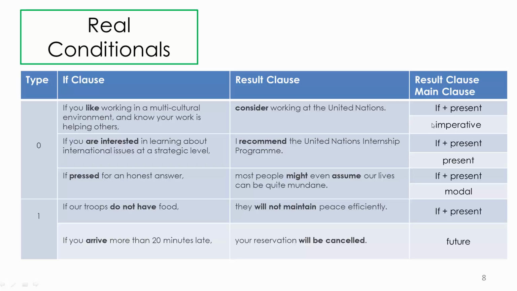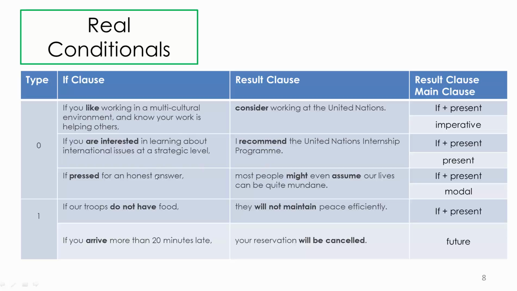So this type of conditional you use when you're giving commands or directions or instructions or something along the lines of this nature. Then you have the other type of 0 conditional where you're going to use if plus present again in the if clause, and then you're going to use the present tense in the result clause. The only difference here is that I have a subject before the verb, and therefore it's not a command. All right, you can use this type here as well.